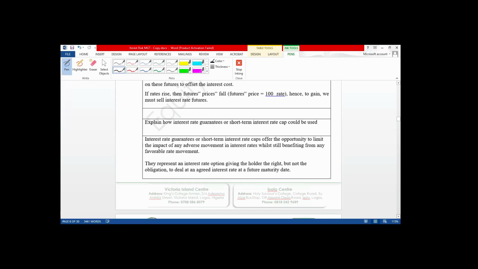Interest rate guarantees can be used to limit the impact of any adverse movement in interest rates. At the same time, it allows you to take advantage of favorable movement in interest rates.